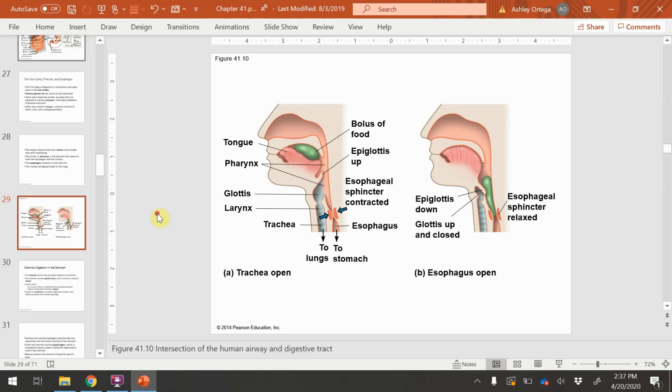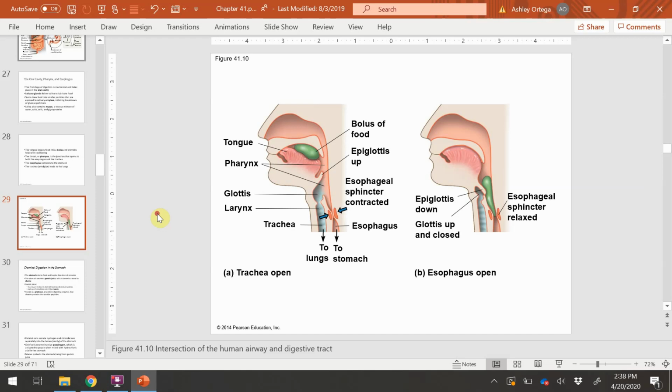And so if you're caught with food going down the wrong pipe, it's usually due to the fact that you or someone is breathing right before they swallow. And so that doesn't give the epiglottis enough time to switch from up to down position before the swallowing of food or water takes place.